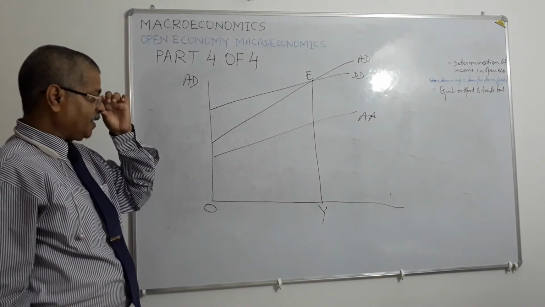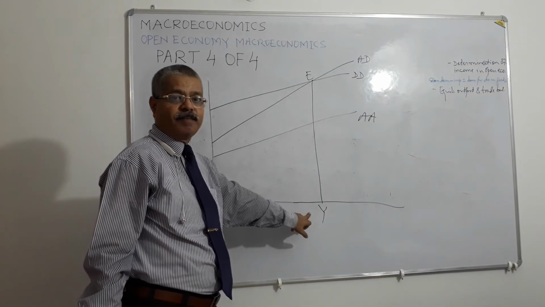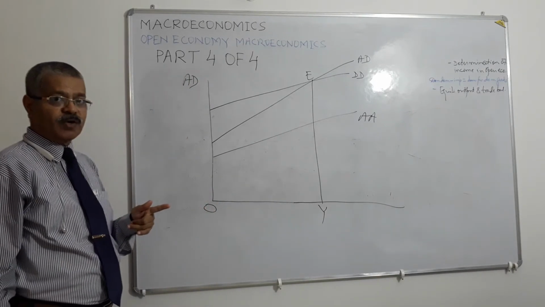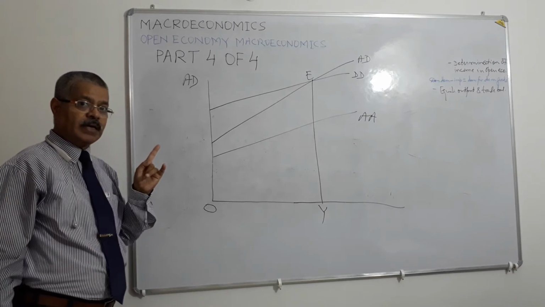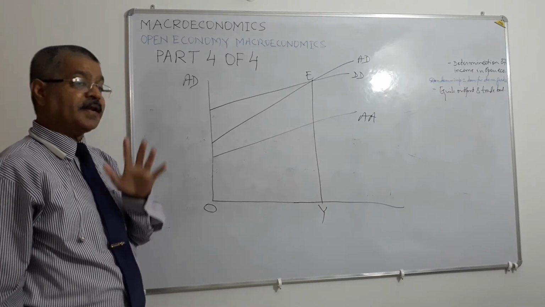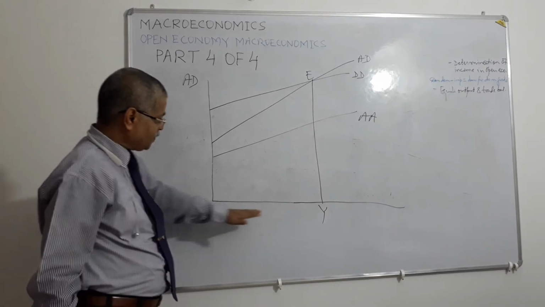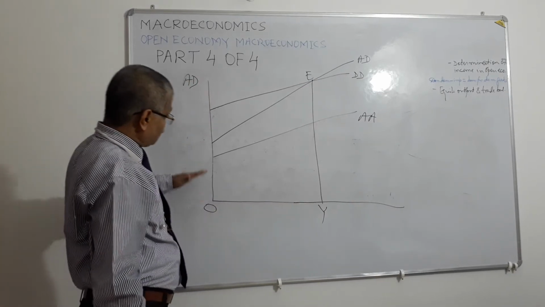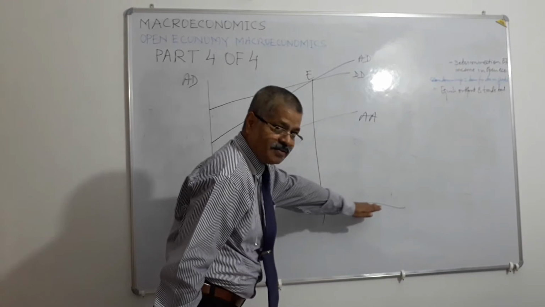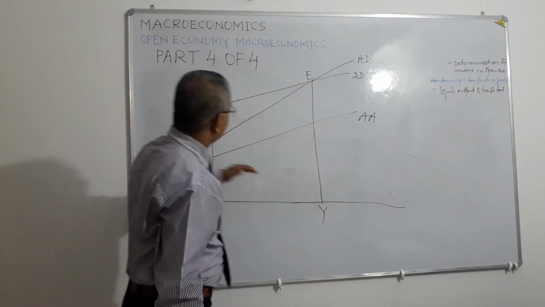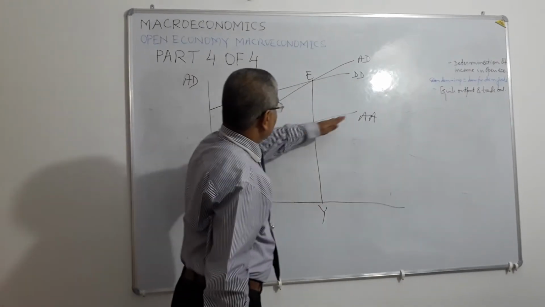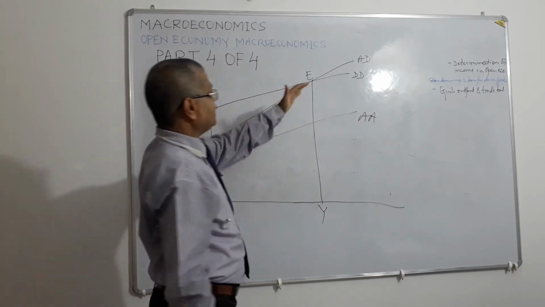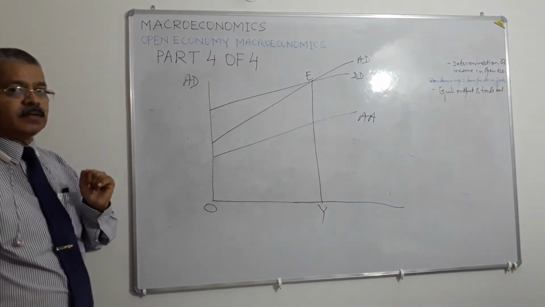Exports don't depend on domestic income. We have already discussed exports depend on foreign income and real exchange rate. Here we are talking of domestic income Y. So when Y increases from 0 to Y, the difference between AA and DD remains constant.